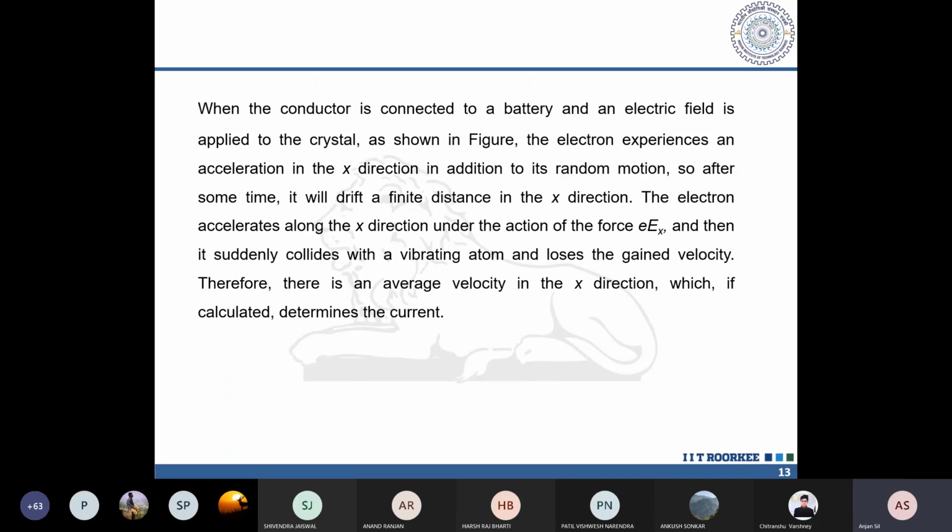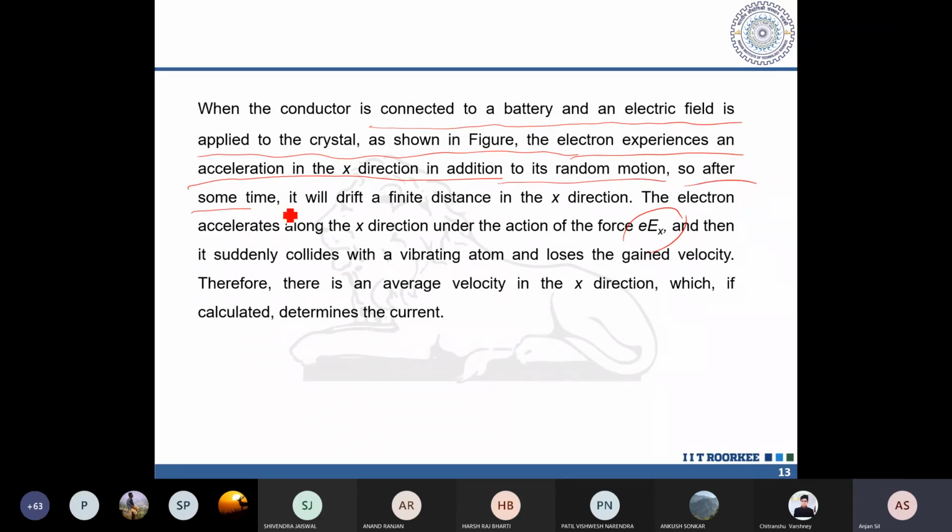Now, when a conductor is connected to a battery, I have already shown, electric field is applied to the crystal, as shown already in the figure. The electron experiences an acceleration. Because of the field, the force is nothing but e times Ex. Whenever there is a force, you know acceleration will be imparted, and the electron will develop acceleration in the x direction in addition to its random motion.